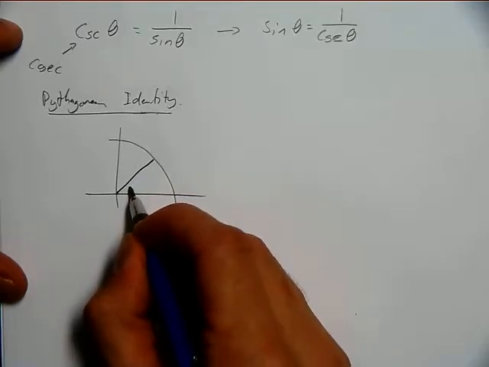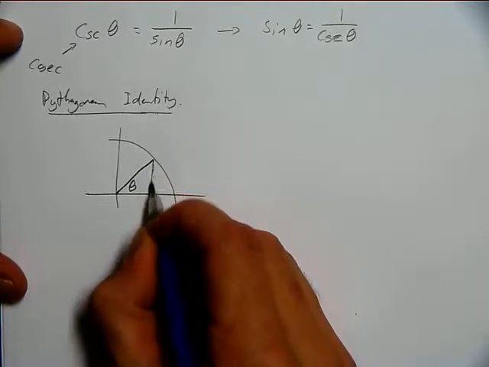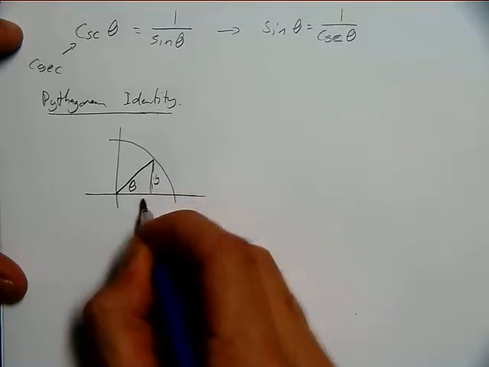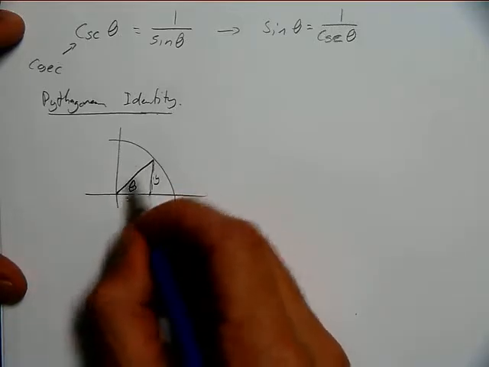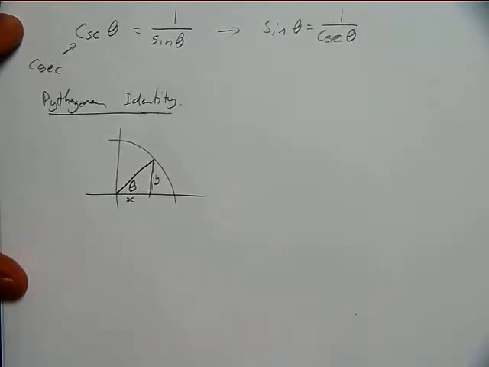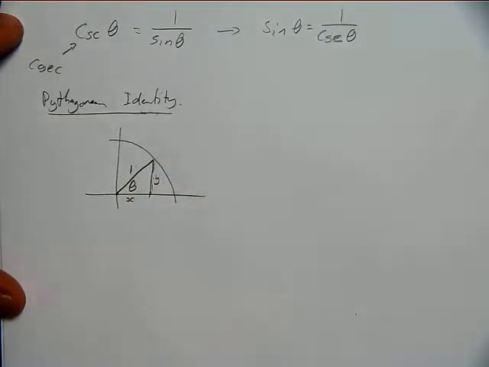So if we have some angle theta here, the vertical side, let's call that y, and let's call the horizontal side x. And what's the hypotenuse of that triangle? Hypotenuse is 1, because it's a unit circle, right?